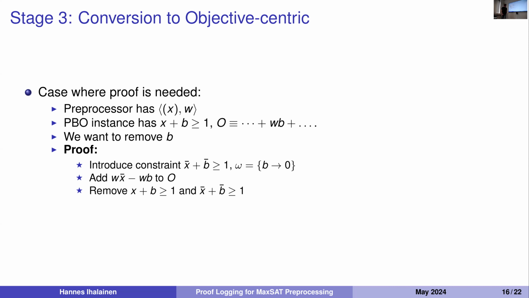And yes, this is what I meant, that there is no exact correspondence, because if we have that unit clause in the preprocessor, it doesn't directly tell us if there is this in the proof or if there is only the unit clause. So we need to remember what has been done before.